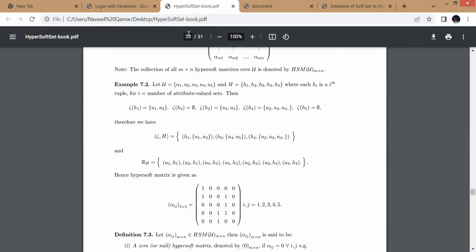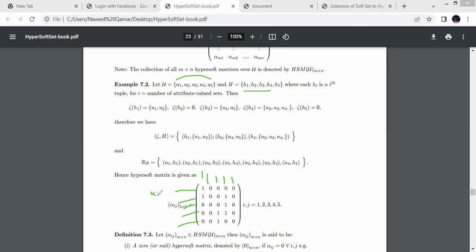Here, if we want to form the matrix, the universal set has five elements, so this will become one, two, three, four, five. Elements of the universal set will decide the rows in our matrix, and these attributes will decide the columns in our matrix. So first column, second column, third column, H4 fourth column, H5 fifth column.